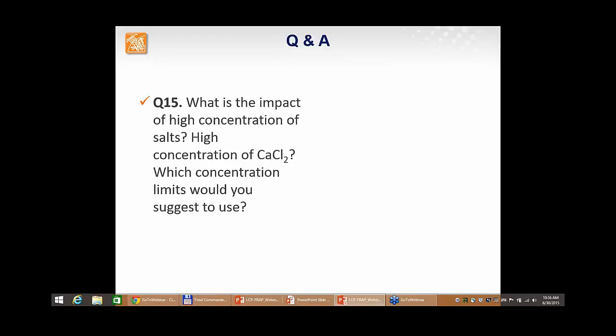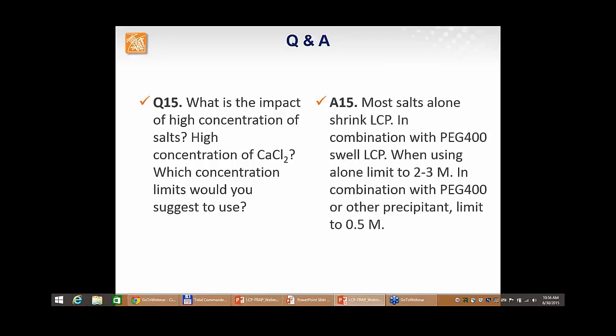And finally, question number 15. What is the impact of high concentration of salts, high concentration of calcium chloride? So which concentration limits would you suggest to use? Typically, most salts alone will shrink LCP, so that would decrease the size of the channels and increase the curvature. When you use salts in combination with low molecular weight PEG, such as PEG 400, they actually swell lipidic cubic phase.